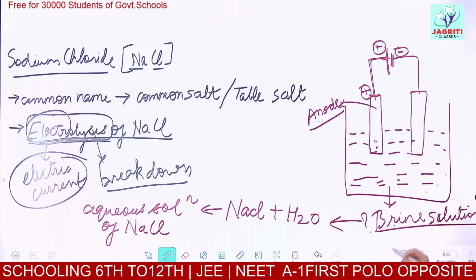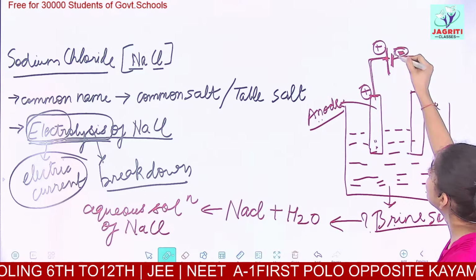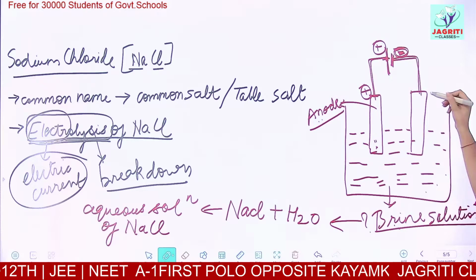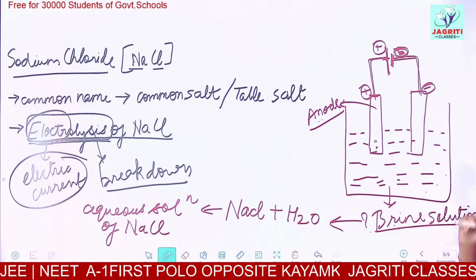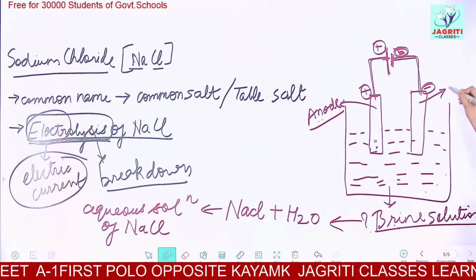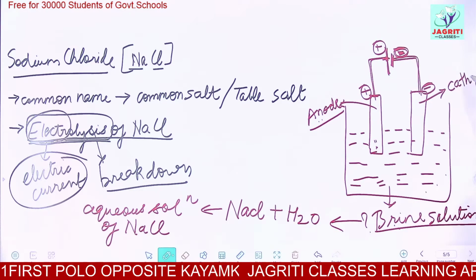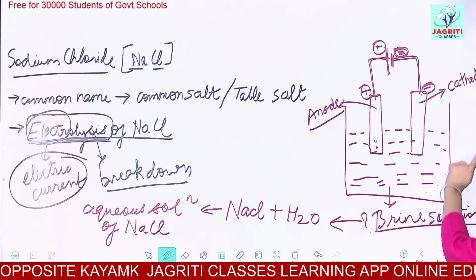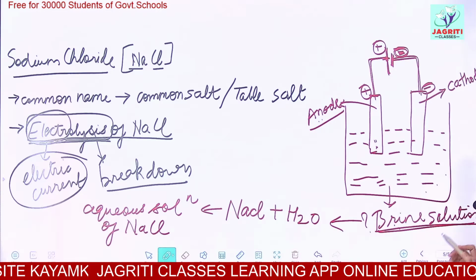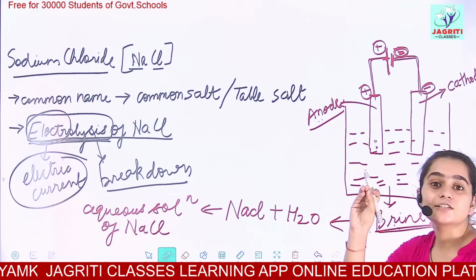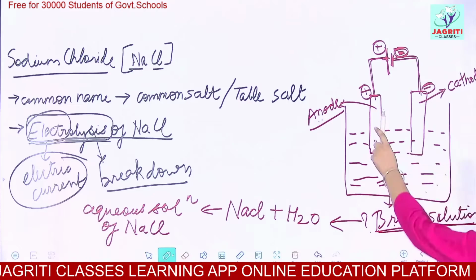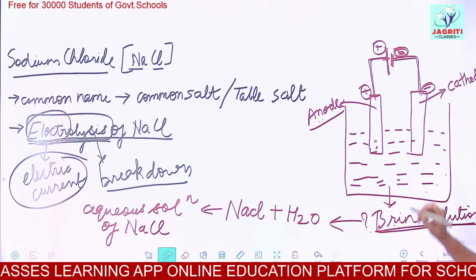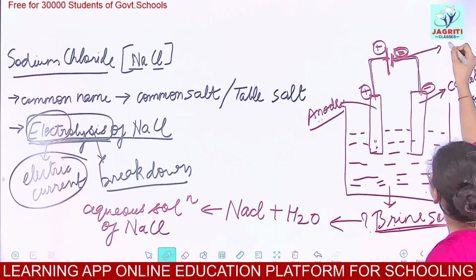And when the negative terminal of the battery is connected to our electrode, this electrode gains a net negative charge, and this negatively charged electrode is referred to as the cathode. So we have taken a beaker, filled it with our brine solution, which is salt dissolved in water, and connected the anode and cathode to a cell.